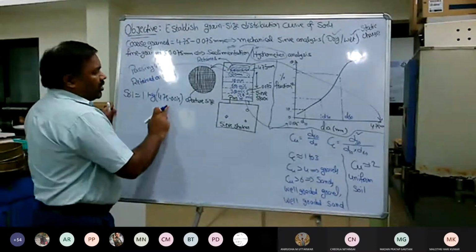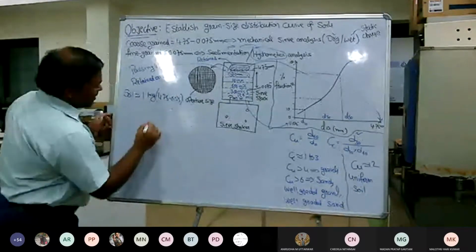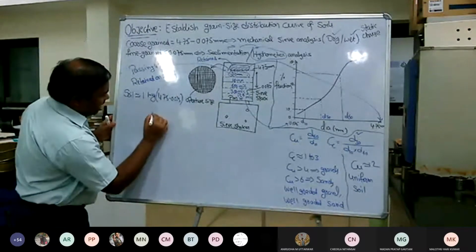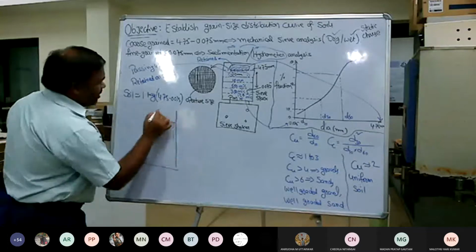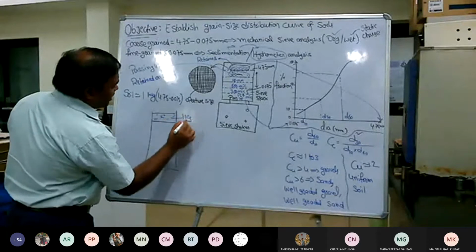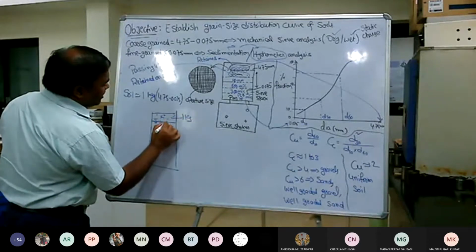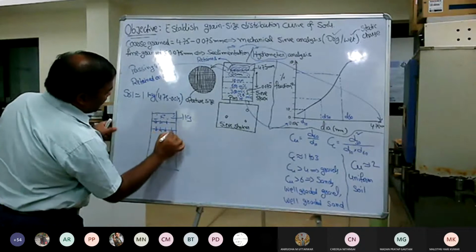Now, when you put this 1 kg of entire soil on the sieve set, this is a stack. So put the soil of 1 kg. Because of the different aperture sizes, it passes through almost every sieve.